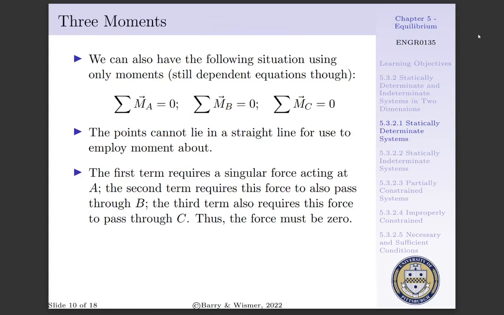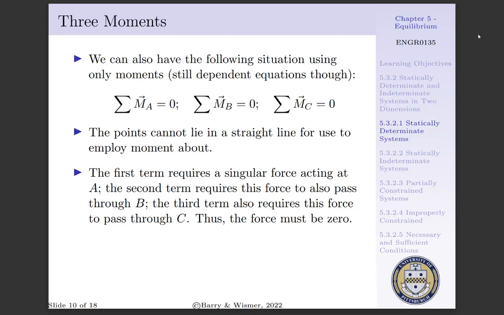As opposed to having two summation of forces and one summation of moment equation, or one summation of force and two summation of moment equations, we can also have three summation of moment equations. That is, we could take the summation of moments about point A and set this equal to 0, the summation of moments about point B and set this equal to 0, and the summation of moments about point C and set this equal to 0.